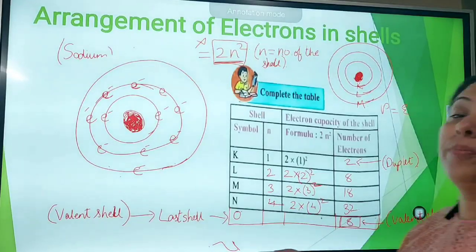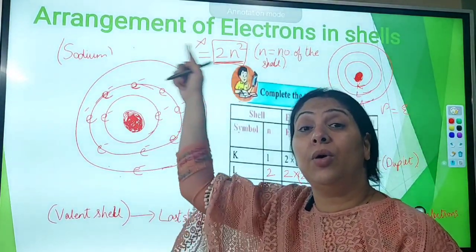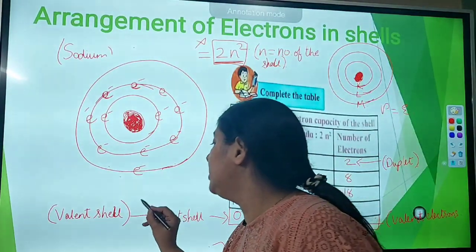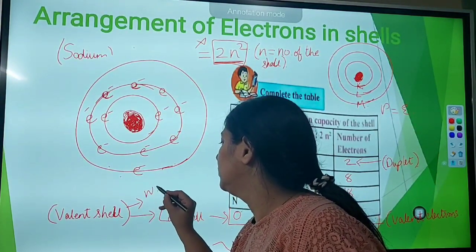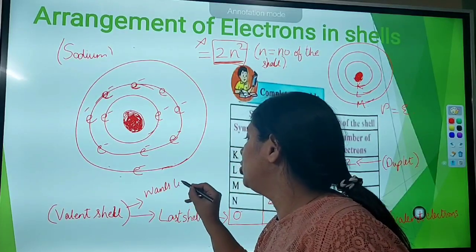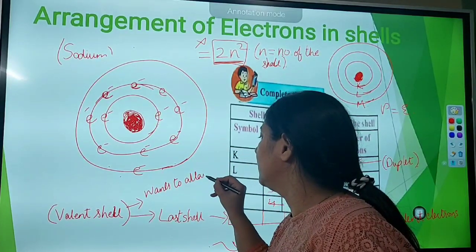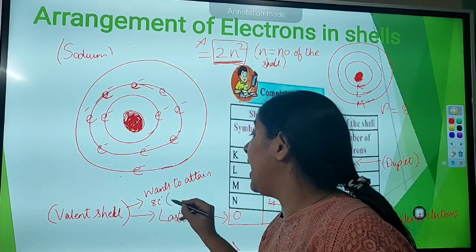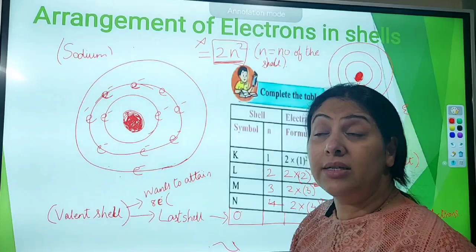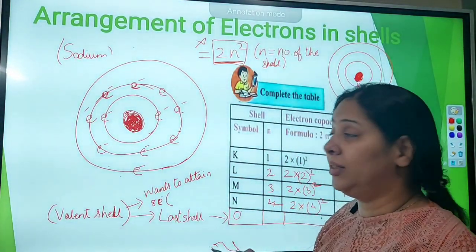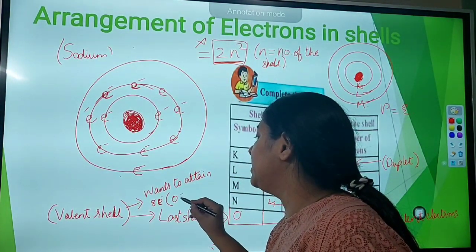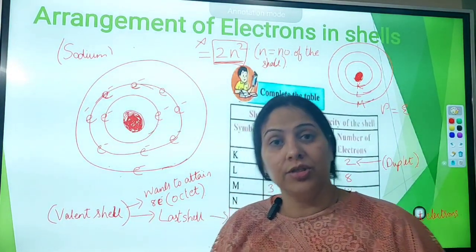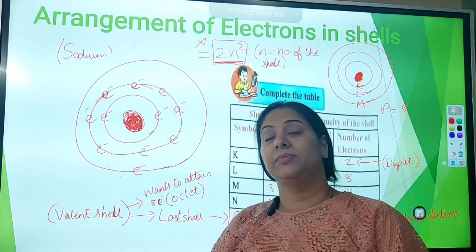Once the outer orbit, the valent orbit, wants to attain 8 electrons, and if the outer shell में सारे 8 आ जाते हैं, so we say that it has attained its octet state. Alright children, is that much clear?